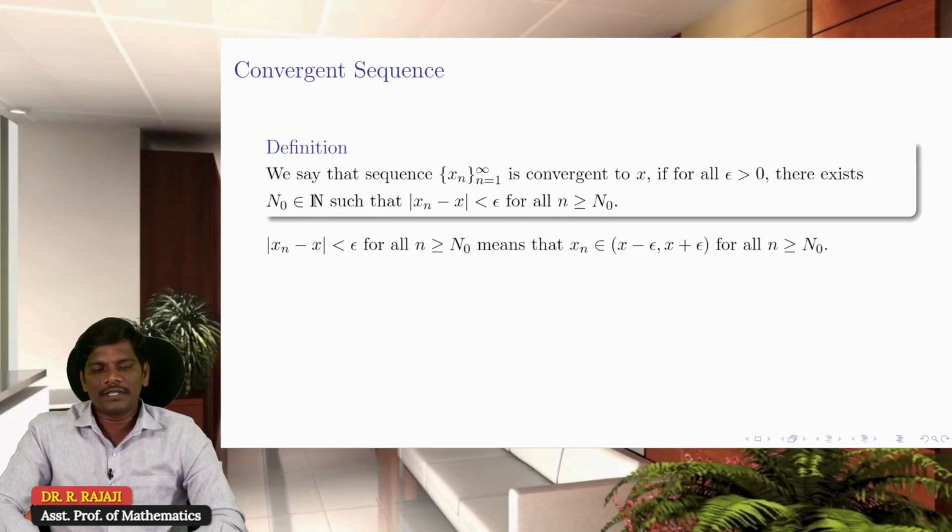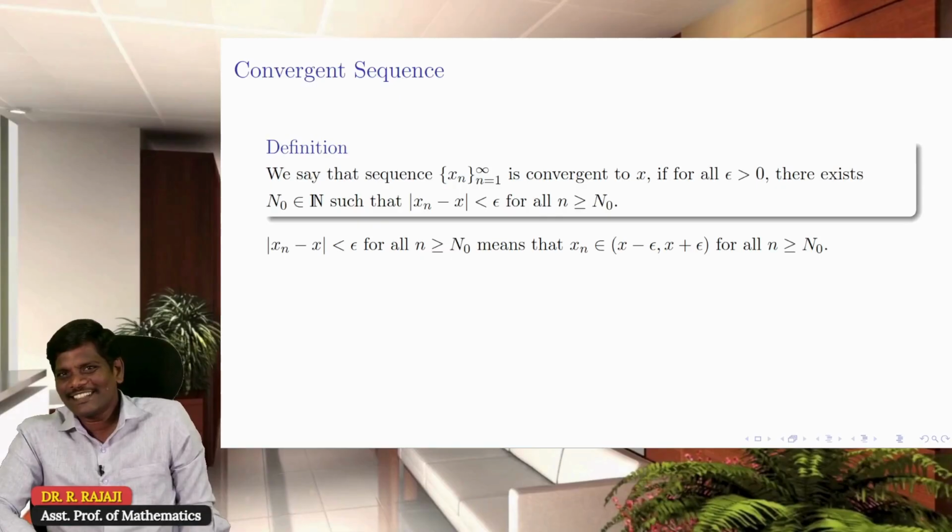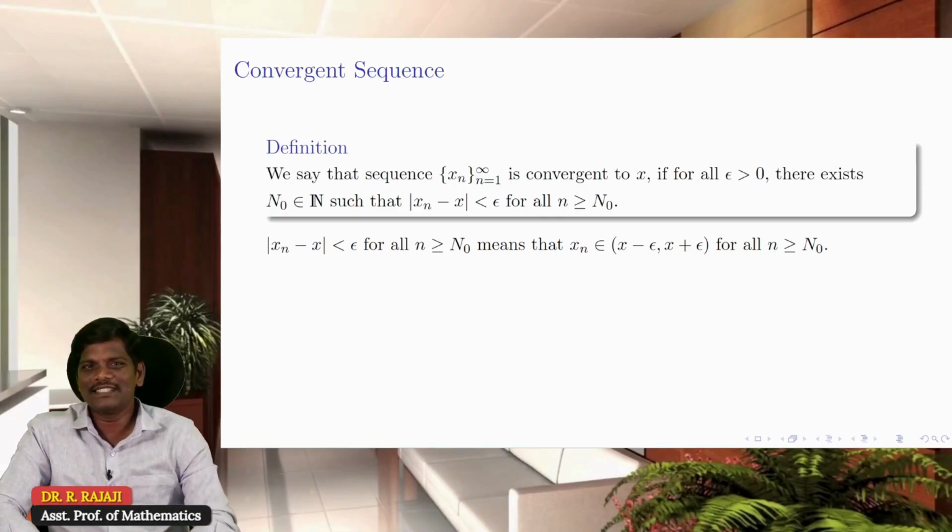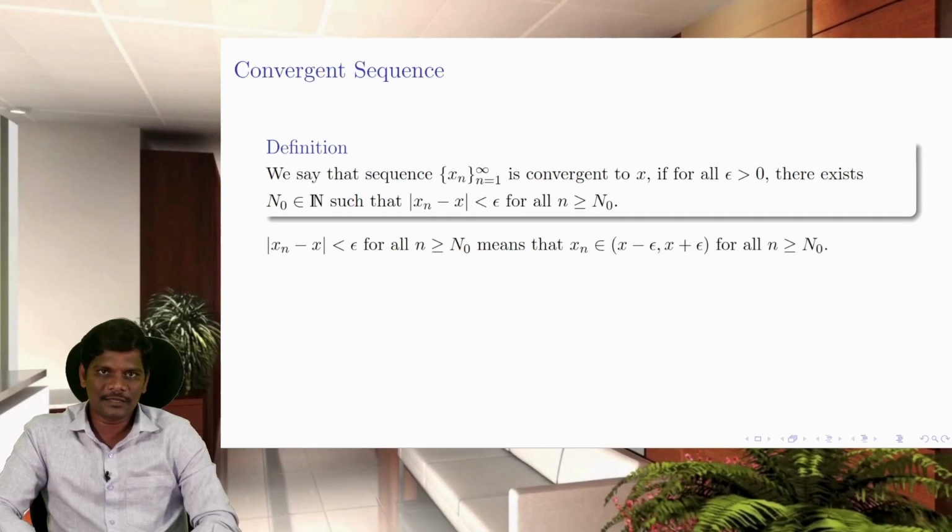This means that after a certain stage n naught, all the terms of the sequence lie in the neighborhood of x.